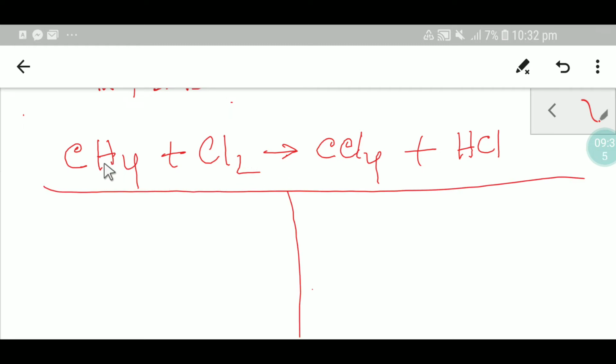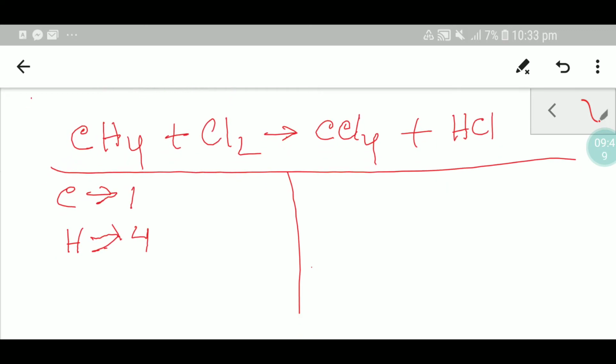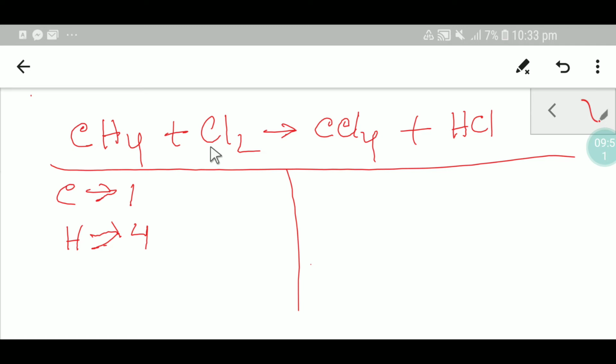In the second step, I have to write the number of atoms from both sides. Here you have 1 carbon, and 4 hydrogen, and 2 chlorine, so you have to write 2 chlorine.